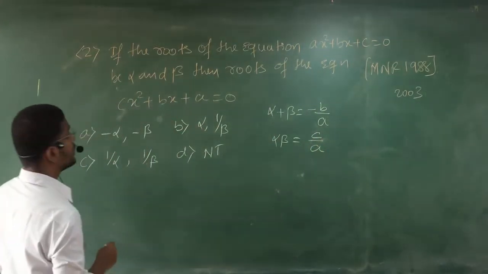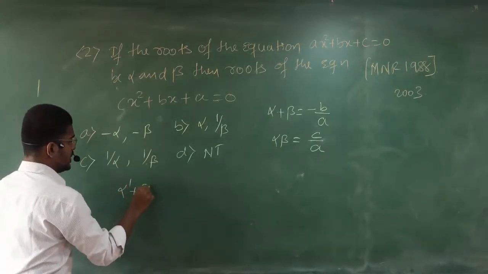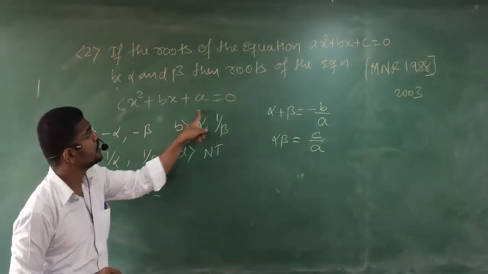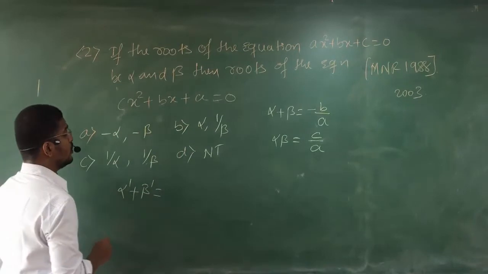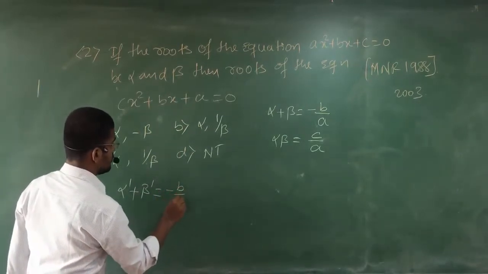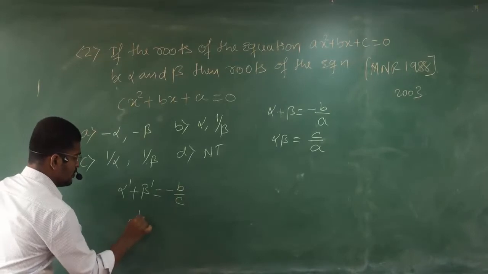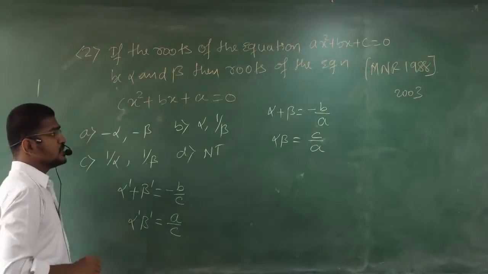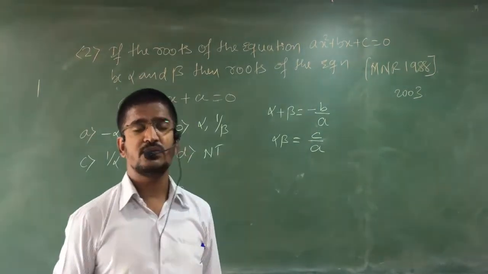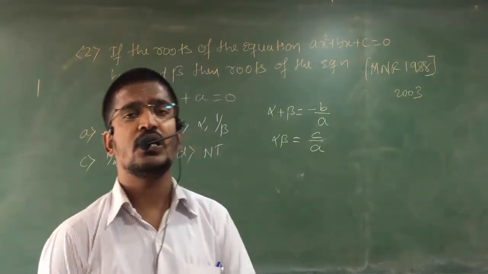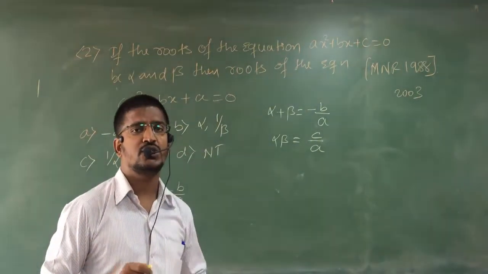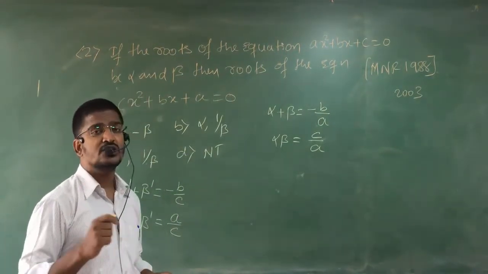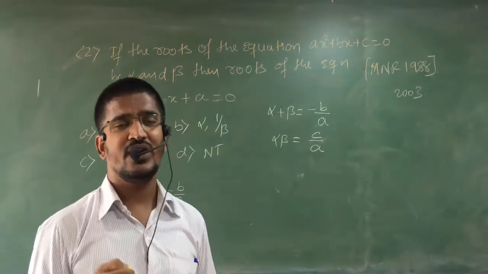In the same way, alpha bar plus beta bar will be equal to, that means alpha bar and beta bar are the roots of this particular equation, so it will be equal to minus b by c. Alpha bar into beta bar will be equal to a by c. So by solving like this, you must know that the sum of the roots is the coefficient of x divided by the coefficient of x square, with a minus sign, and the product of the roots will be the constant term divided by the coefficient of x square.